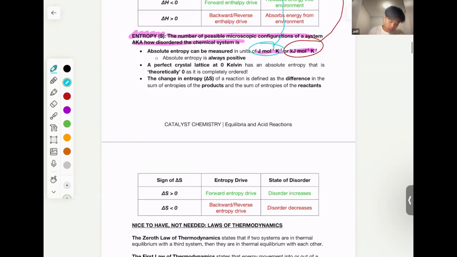Just to be sure we have this covered, there are various things that can affect the entropy of a system. What are the things that can affect entropy? What can increase entropy? There's a few factors. How can we increase entropy?